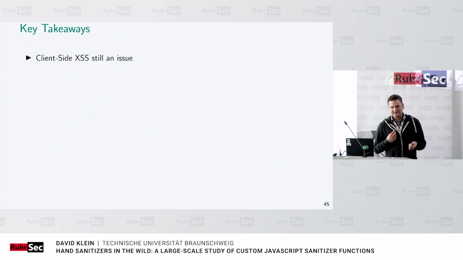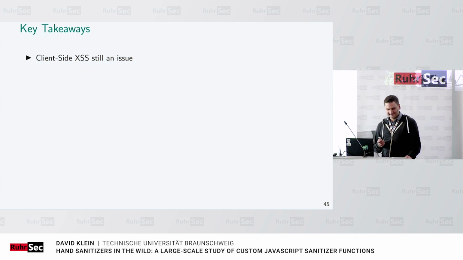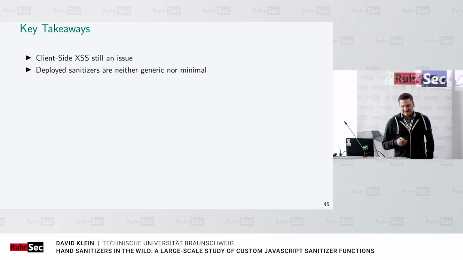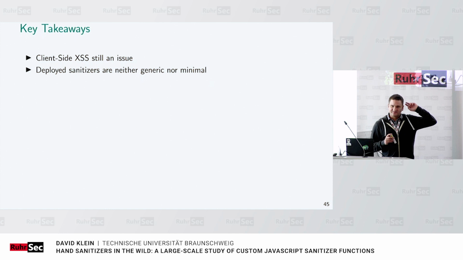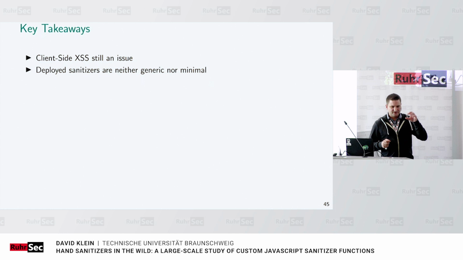So the key takeaways: it's 2023, and client-side cross-site scripting is still an issue and will probably be still around for the next 5 to 10 years, I would say, at least, probably more. The sanitizers we found, and especially the ones which weren't flagged as insecure by our framework, are not really generic. That is, they don't remove every input which might be dangerous in the injection sink, nor are they very context-specific; they always remove like 50% of the dangerous stuff.